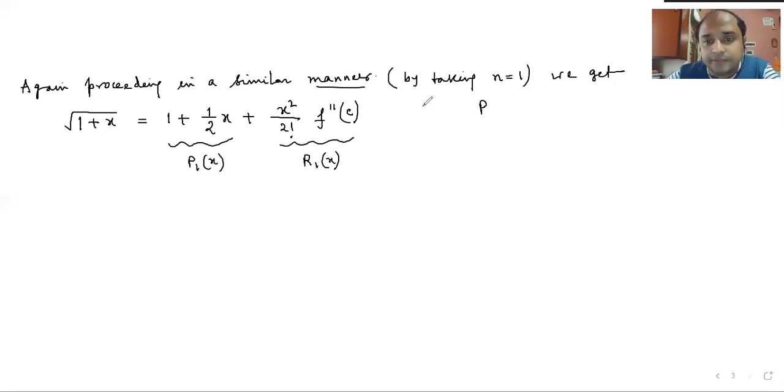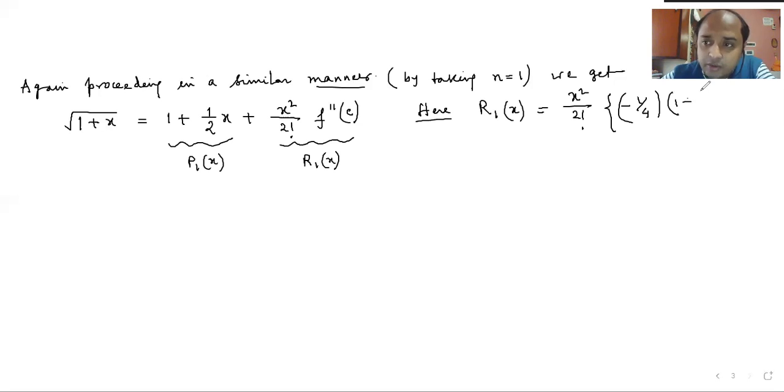So here r1x is equal to x square by 2 factorial minus 1 by 4. We have already calculated it in the previous page. 1 plus x to the power minus 3 by 2, that is your r1x.